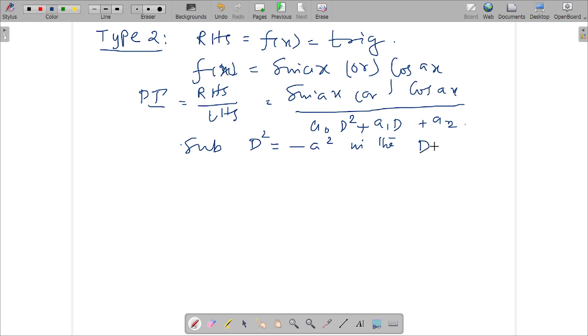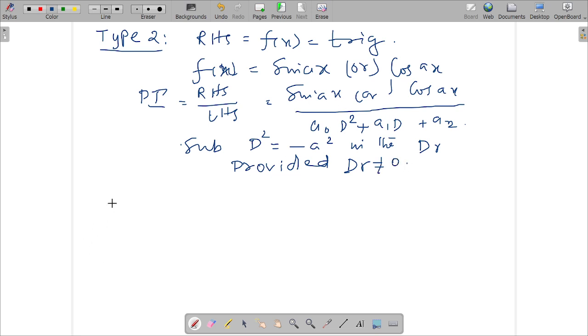No need to substitute anything for d. Substitute d square equal to minus a square in the denominator, provided the denominator is not equal to 0.